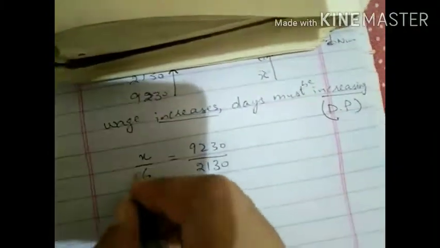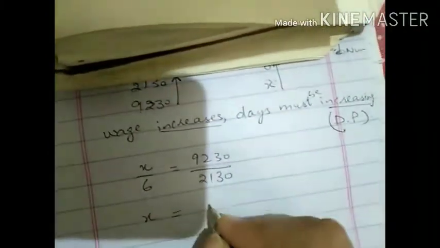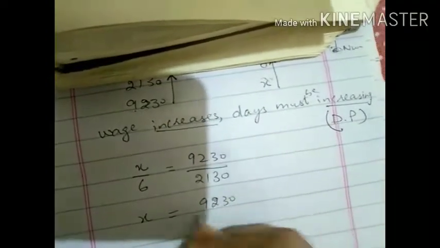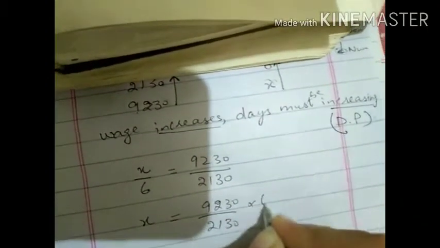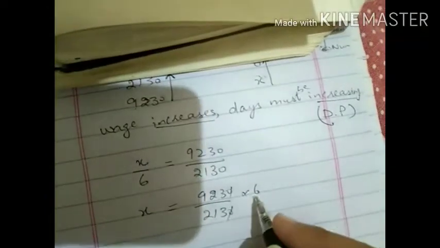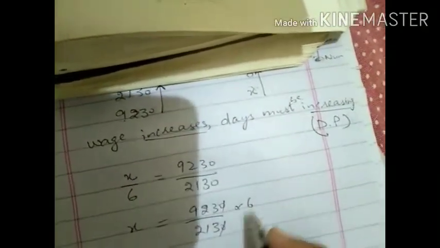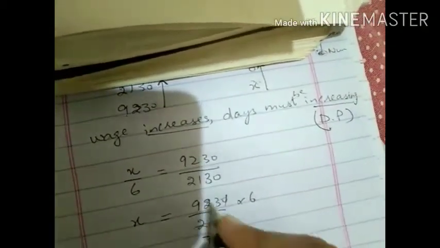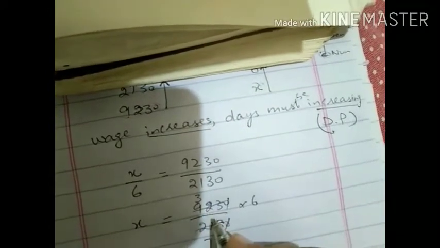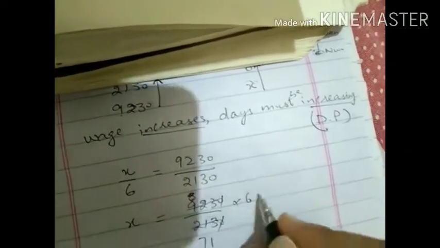6 is in division, so on the right hand side it will be in multiplication. The zeros will be cancelled out. 3 twos are 6.